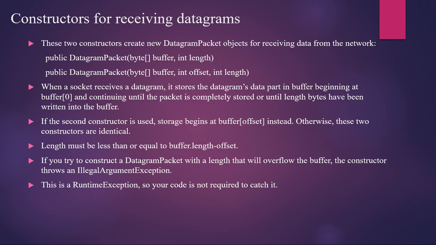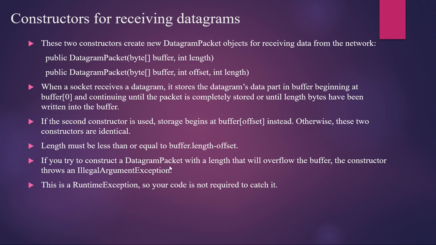If your datagram packet is 11 MB, what will happen? The 1 MB of data will be lost, because UDP is not reliable, and neither the sender nor the receiver will know that this particular data is lost from the datagram packet. So the length is to be kept in mind.